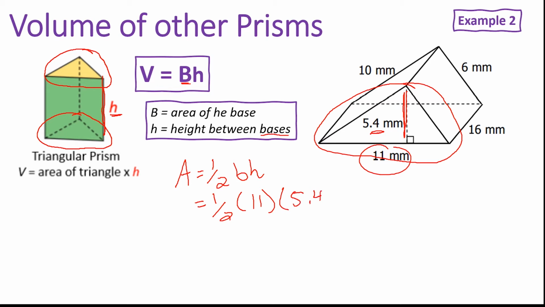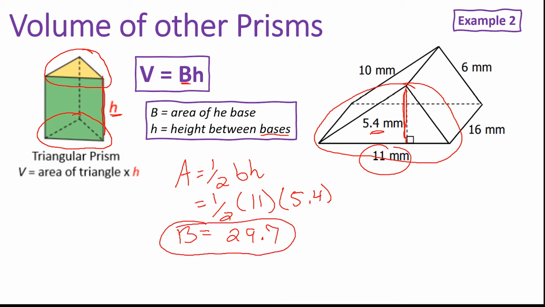And sometimes they may have the dimensions on two separate faces, but you can still get the same information there. So when I multiply that through, 1/2 times 11 times 5.4, I get 29.7. And I'm going to call that B because that is the area of the base.